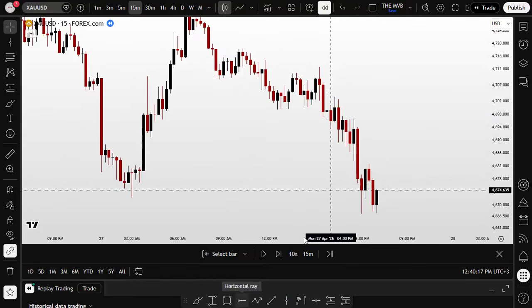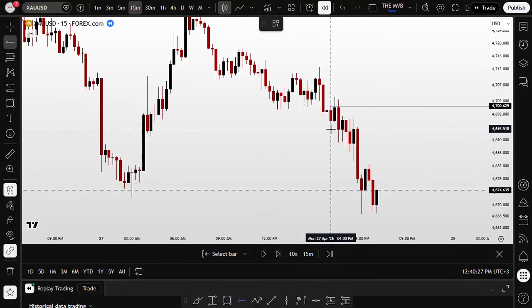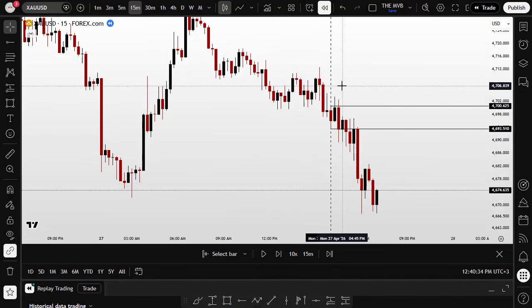Now, what we do is mark out the high of the candle, and we mark out the low of the candle. Simple like that. These two lines are the ones giving you the instruction on what to do for the whole session, for the whole range.